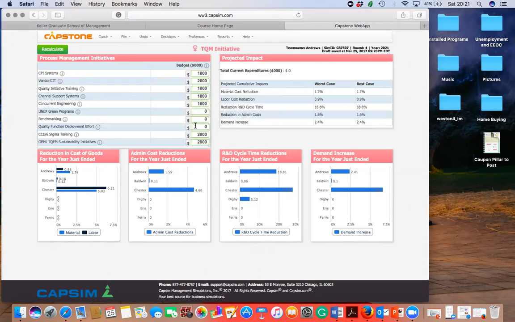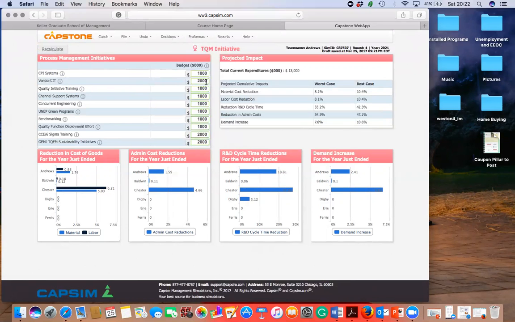Yes. I would like to do that. And then benchmarking. Yeah, because administration costs need to come down. Green programs. What the hell? Okay.